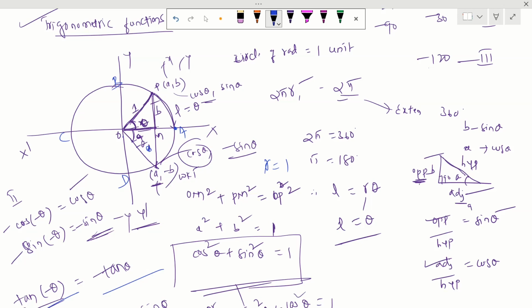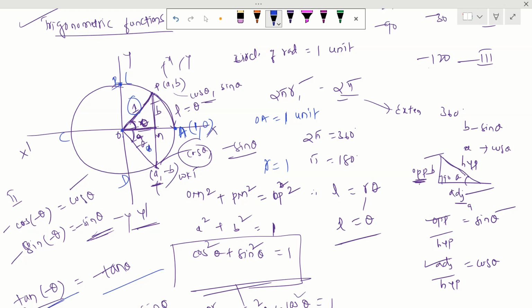So OP is 1 unit, and also the radius OA is 1 unit. And what are the coordinates of A? The x value is 1 and the y value is 0, so 1 comma 0.